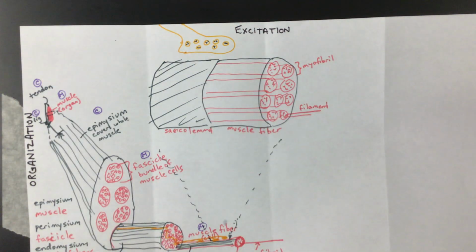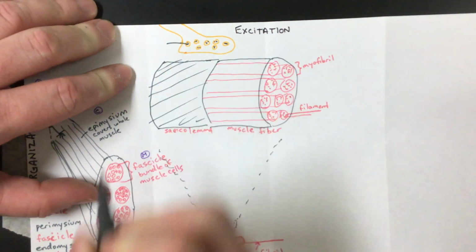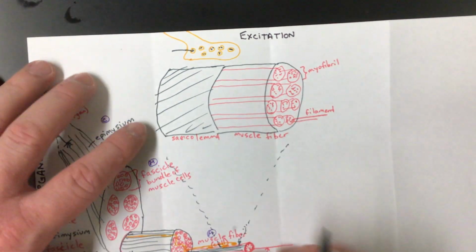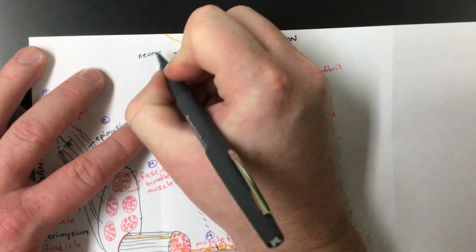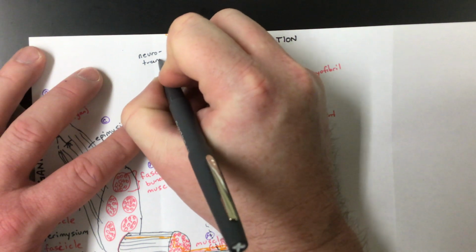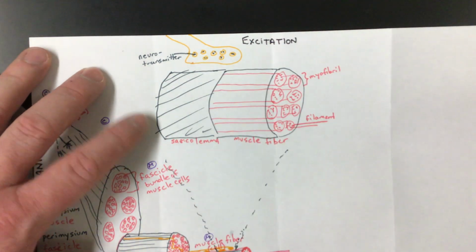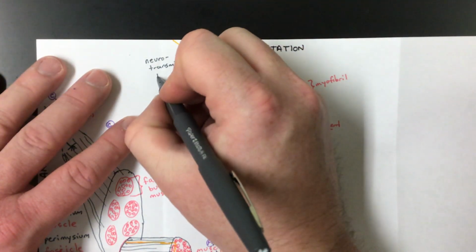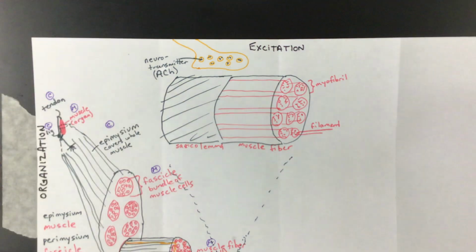They store chemicals called neurotransmitters. And when we're talking about the interaction between nerves and muscles, our main neurotransmitter is called acetylcholine, or you can abbreviate that as ACH for acetylcholine.